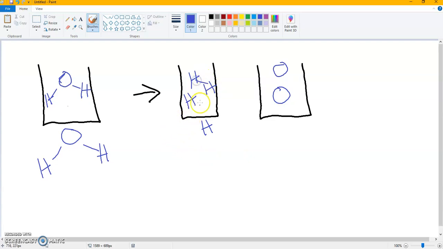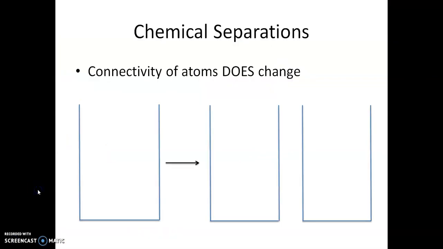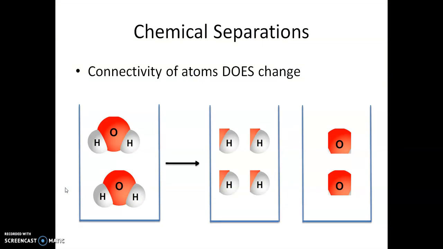So this hydrogen is going to bond with this guy, and this hydrogen is going to bond with this guy. And then these oxygens are actually going to bond together like that. So that is how you separate water into hydrogen gas and oxygen gas. All right, so water breaks apart, and there we have it.